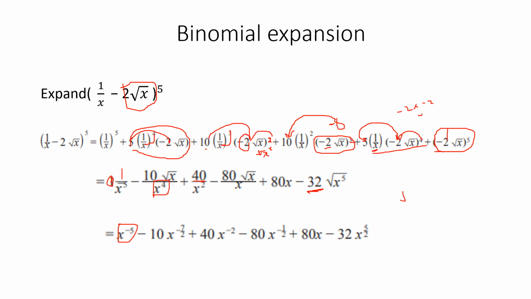This root x can also be written as x exponent half, right? So in indices, if the bases are equal and we are dividing, we subtract the exponent. So x exponent half minus 4 is going to give us negative 7 on 2. That's why you are seeing this negative 7 on 2 here.